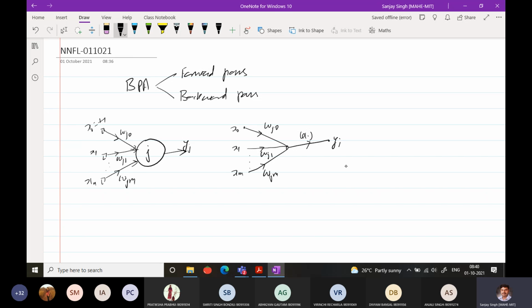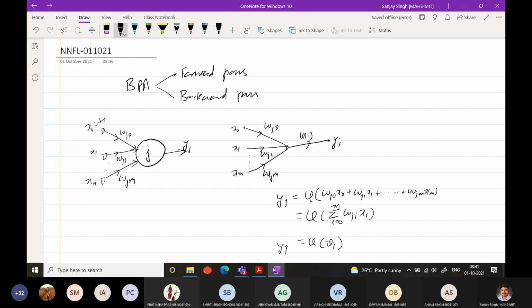In this case, yj is nothing but phi of wj0 x0 plus wj1 x1 plus up to wjm xm, which we simply call the summation over i equal to 0 to m of wji xi, which we finally call vj.